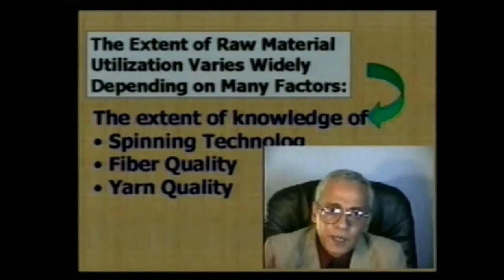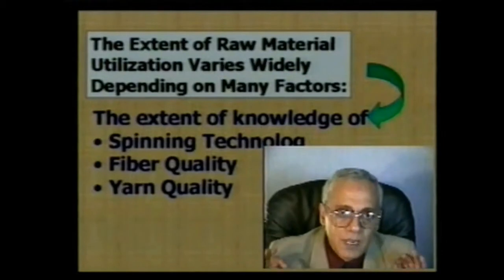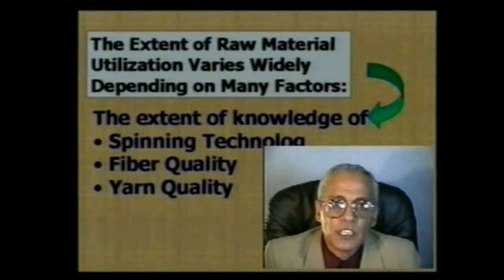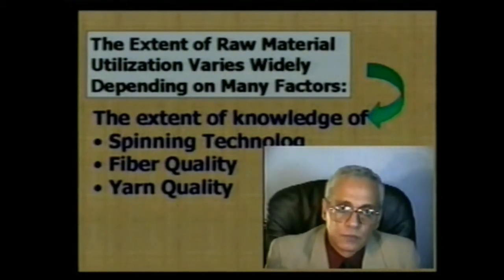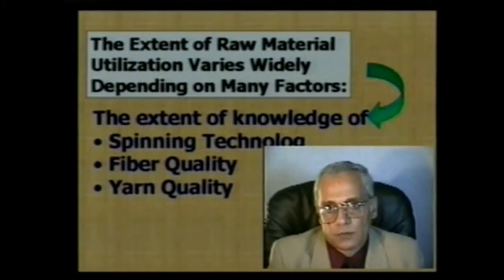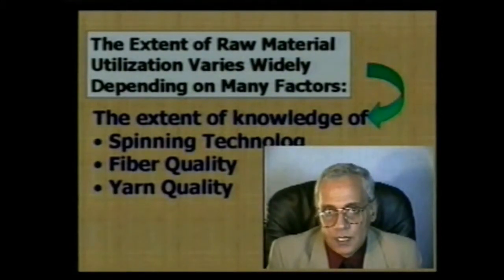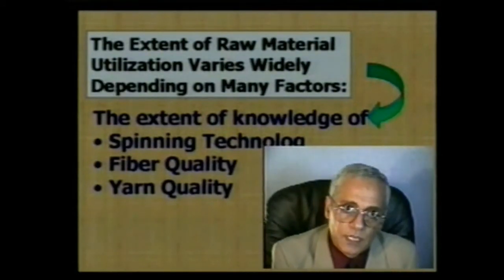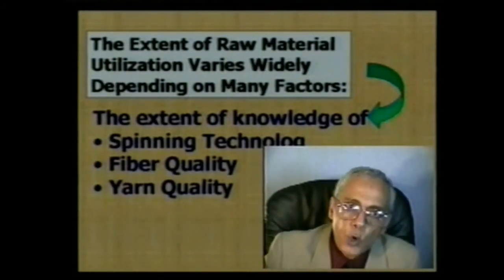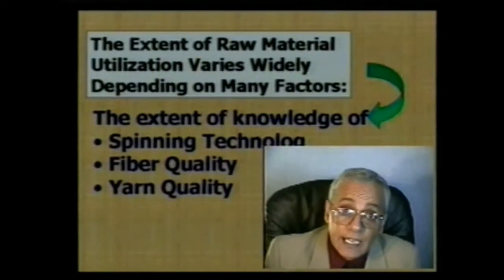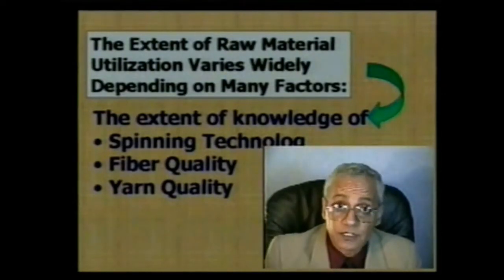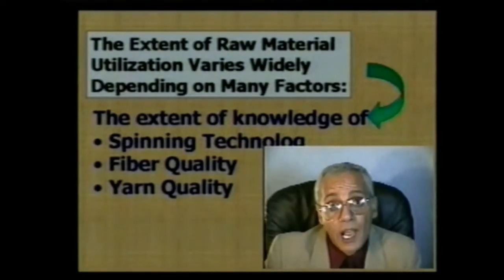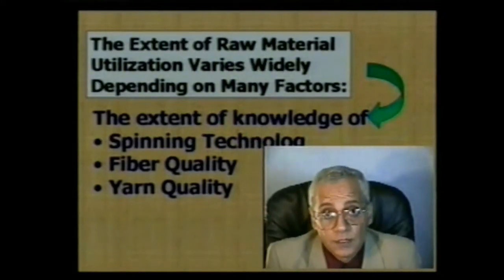The spinner today must understand the role of fibers in making a good yarn, because the role of fiber is critical, and it's becoming more and more critical as we face new technologies at high speed that demand higher fiber quality.